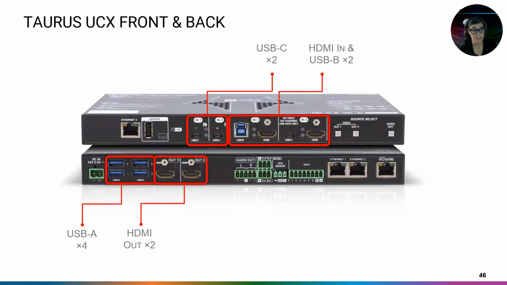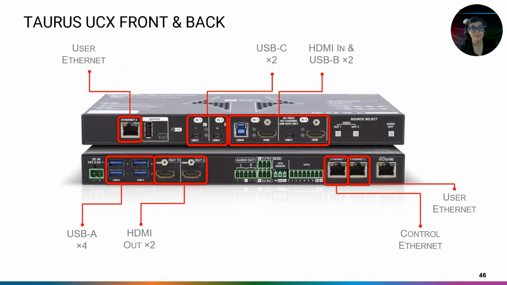You have your 2 HDMI outs, and then you have a ton of different Ethernet ports here. So if you're using something like topology or something like that, you're going to have a designated port to be able to send all of that data out to whatever type of monitoring software you may or may not be using.